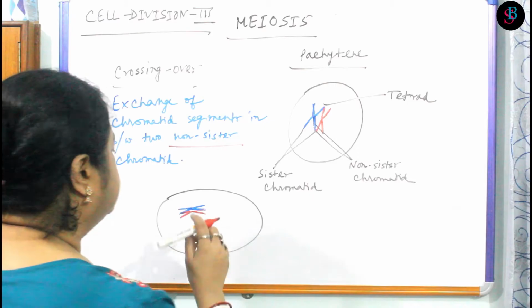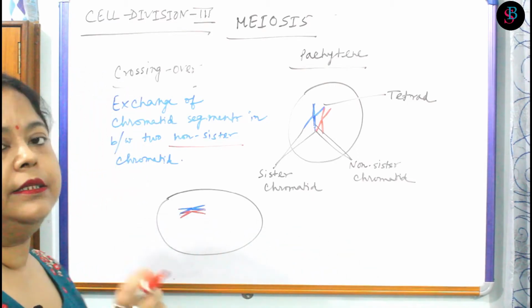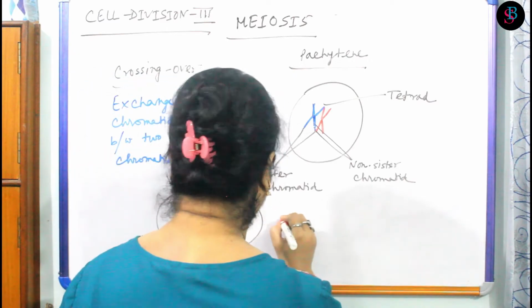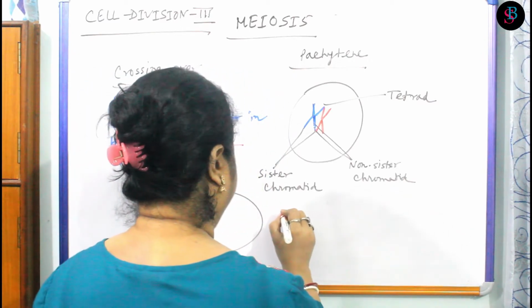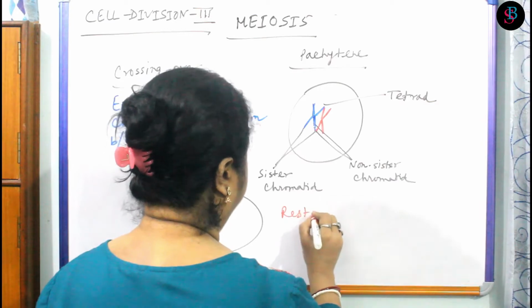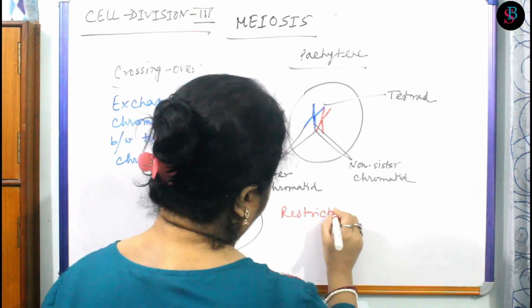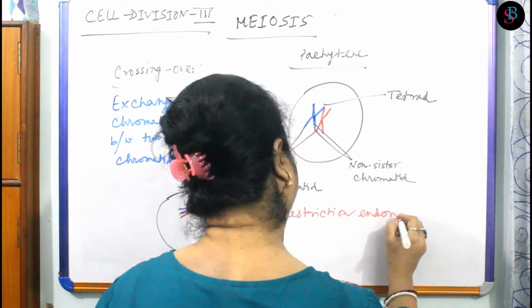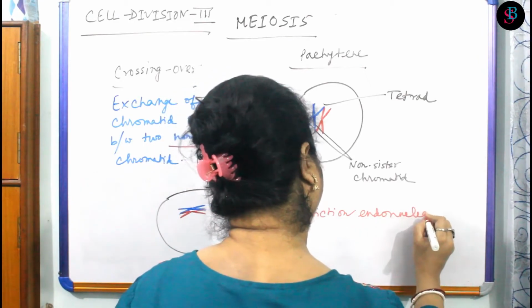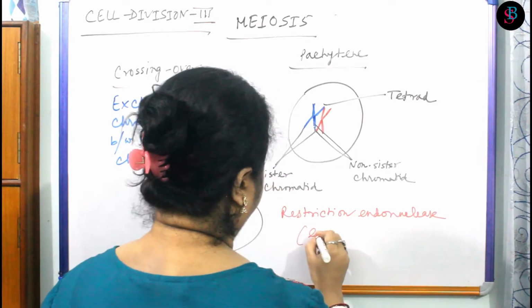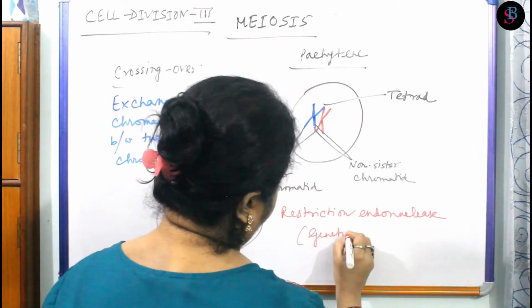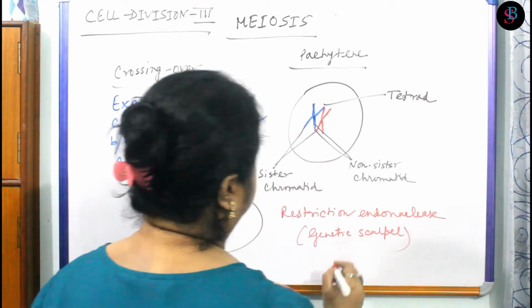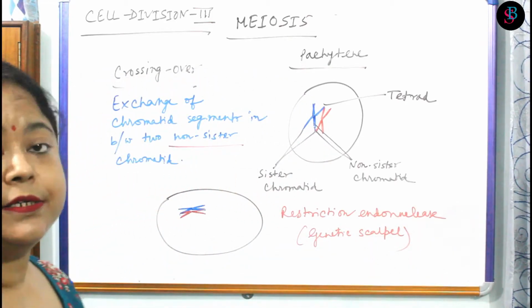Now here is the exchange of the segment, and that will take place by the first enzyme, restriction endonuclease. This is known as genetic scalpel, as it can cut the chromatid segments.